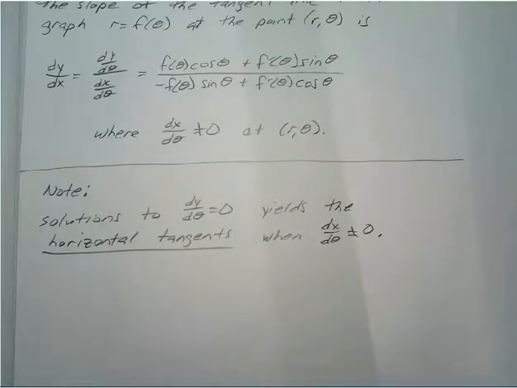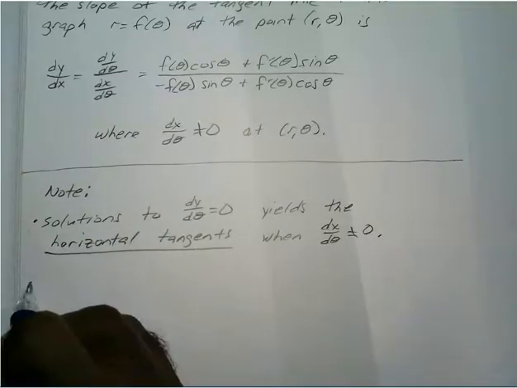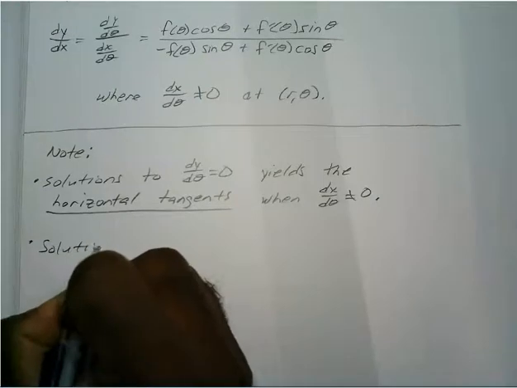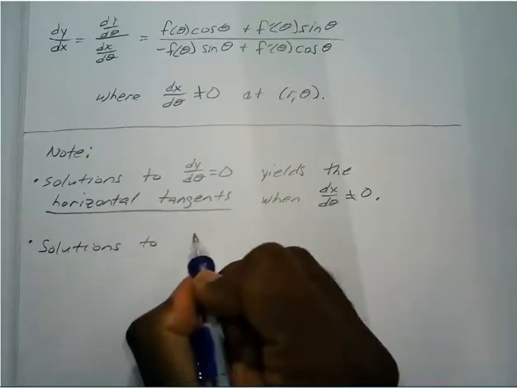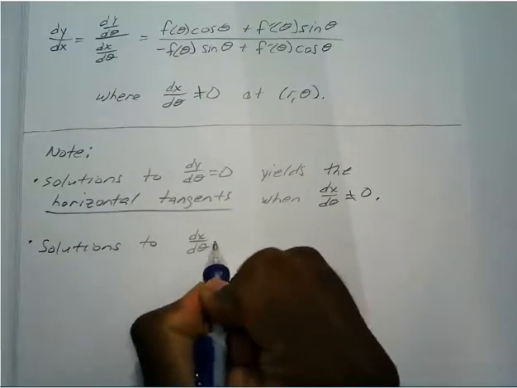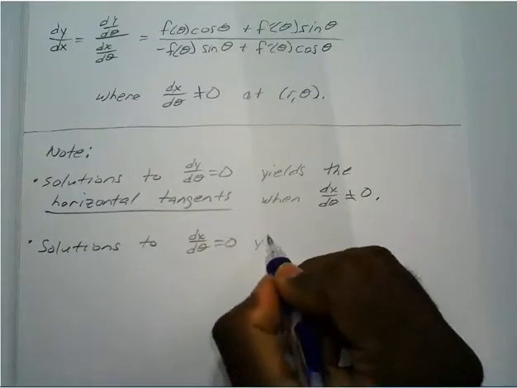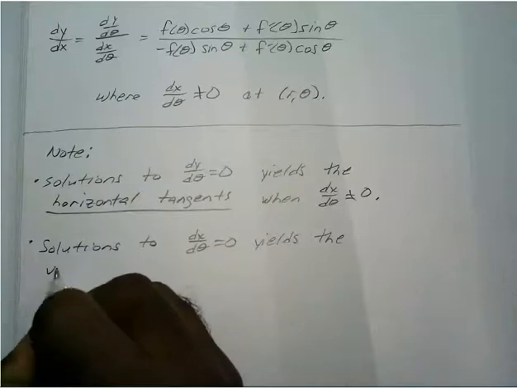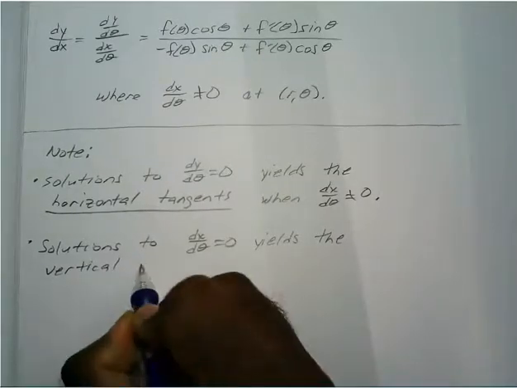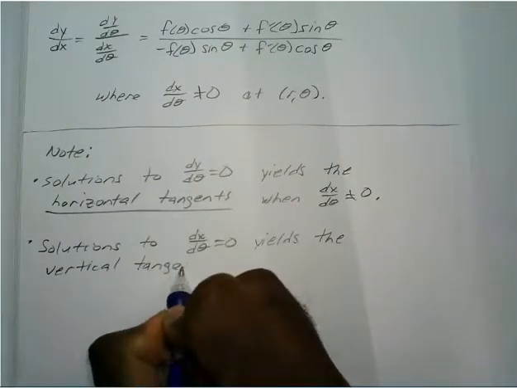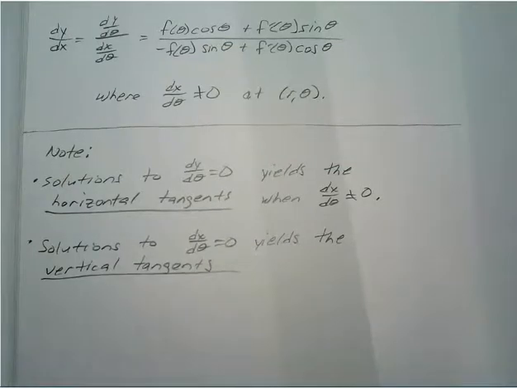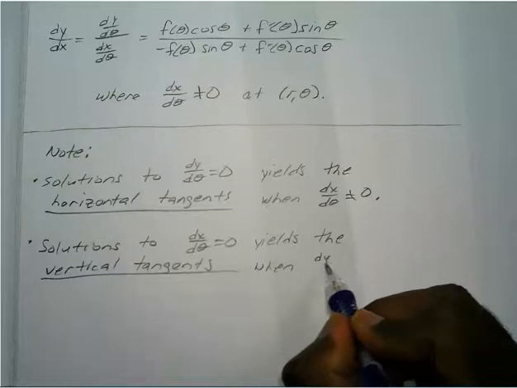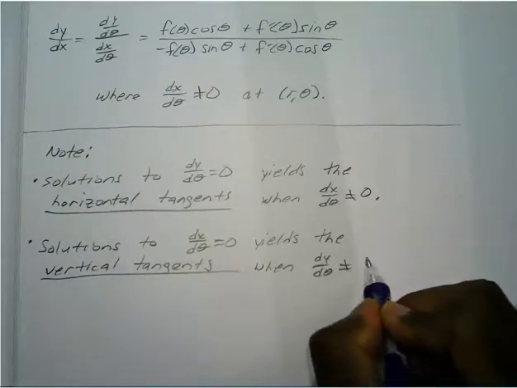Similarly, solutions to dx d theta equals 0 yield the vertical tangents, but that's only when dy d theta does not equal 0.